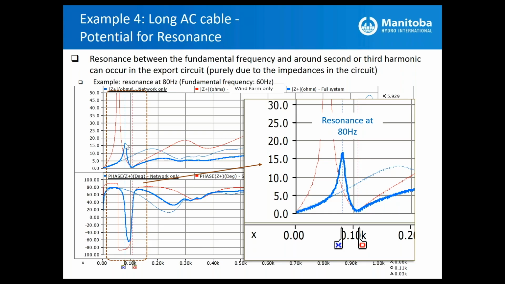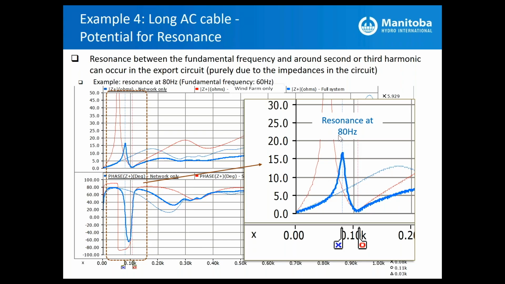So this is, for example, if you are familiar with PSCAD, the harmonic impedance measurement. When we measured the harmonic impedance of the wind farm, there was a very large resonance close to, I think, 70 Hertz or so, or say 50 Hertz or so. And this was a 60 Hertz wind farm. And when connected to the network, the overall impedance showed a resonance close to 80 Hertz.